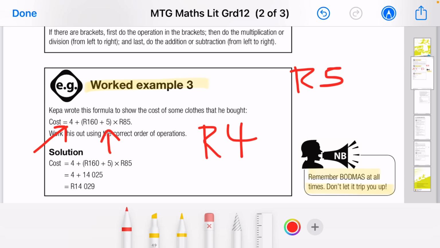That's according to me, ladies and gentlemen. That's why I'm saying I've got some concerns. Why? Because that is just a number, which could be 4 degrees. It could be 4 meters per second. It's just a number, ladies and gentlemen. But that is money, so it's 160 rands. So you're adding money and a number.